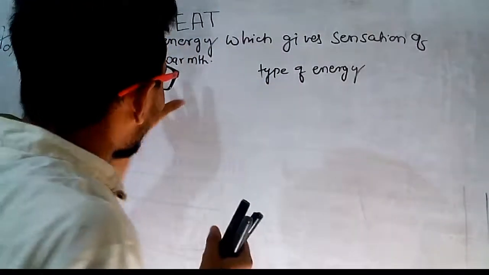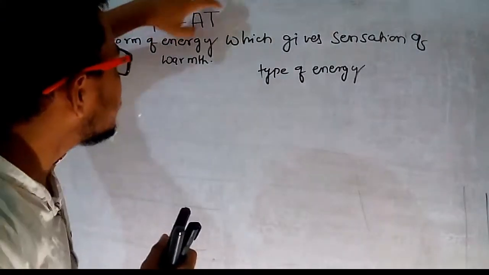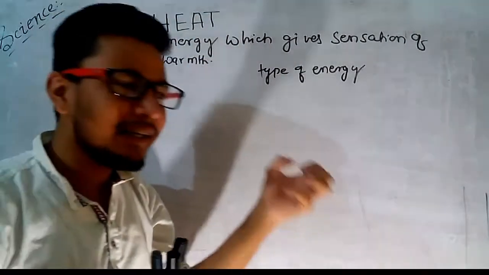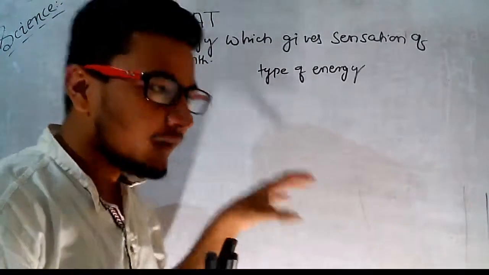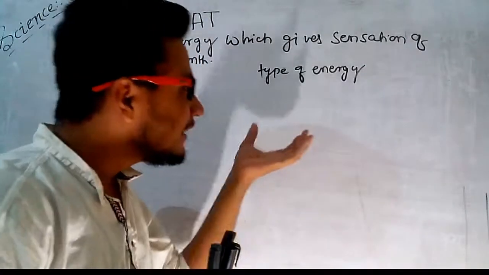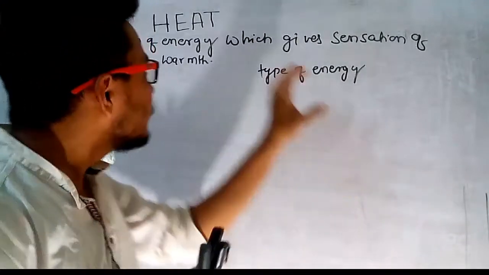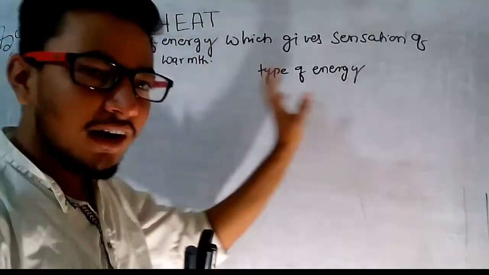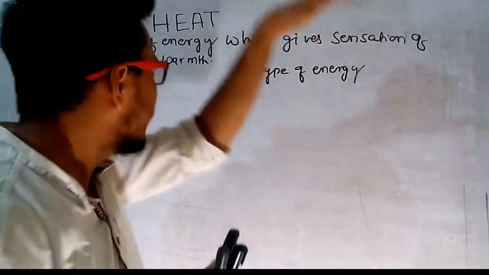So as heat is a form of energy, it means heat can't be created, can't be destroyed, but it can be transferred into other forms like mechanical energy, electrical energy, and so on.